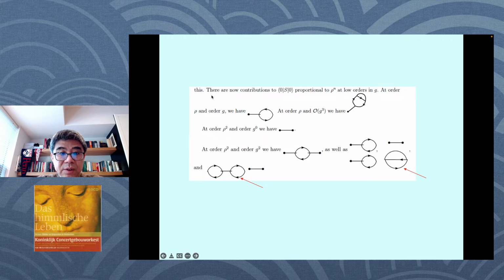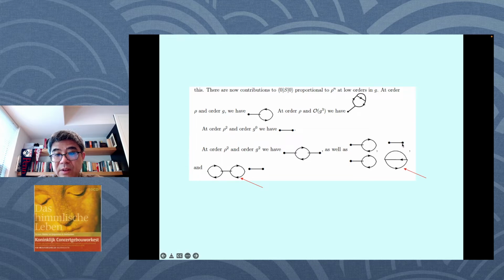For example, this is the leading order of the persistence amplitude, to the order of rho square and to the order of G square. G square means there are two interaction vertices. Then it could include this diagram. That's fine. However, it could also include this diagram.